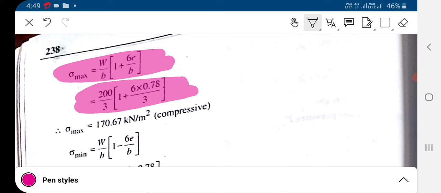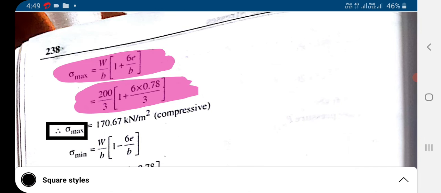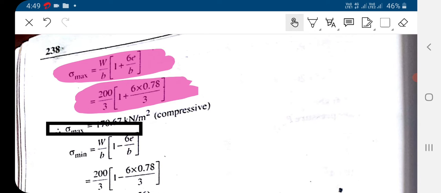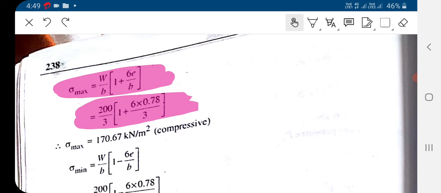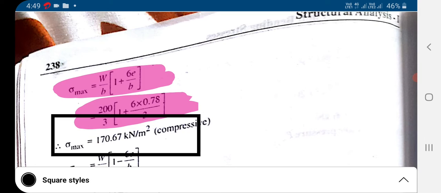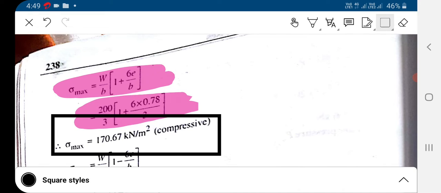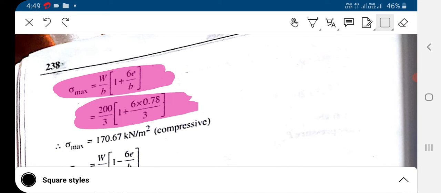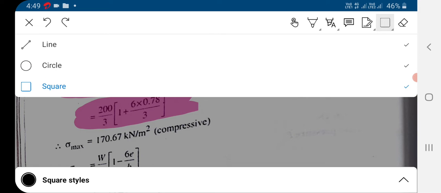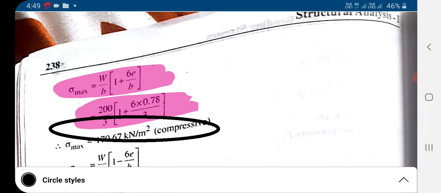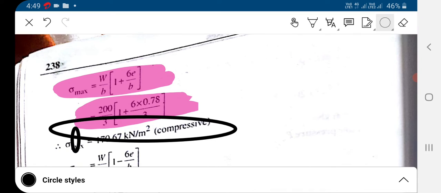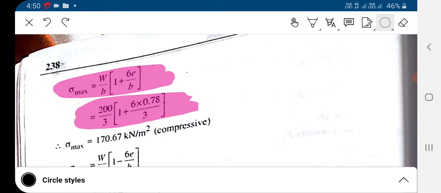By computing, we will get sigma max as 170.67.